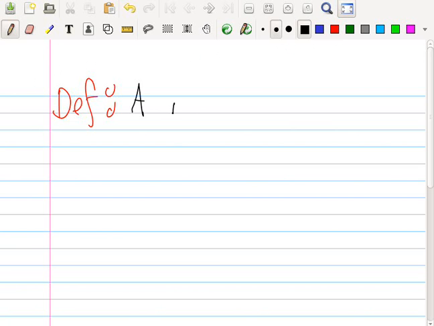So a mapping is a relationship, or well, no, let's take it a different way.